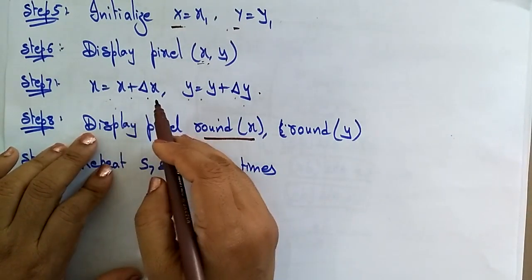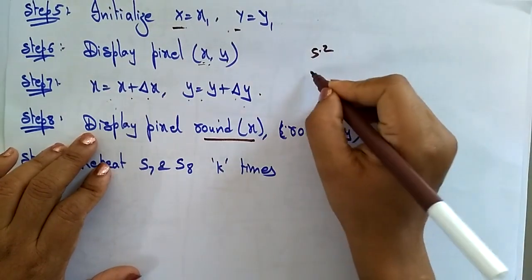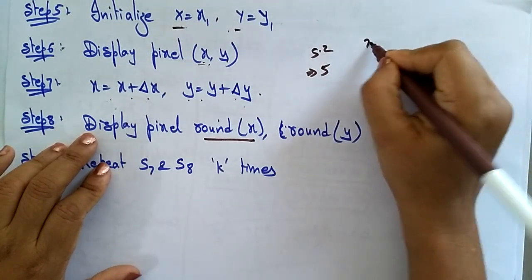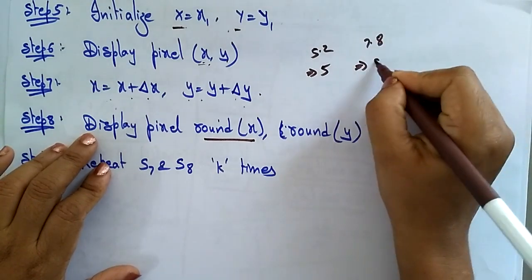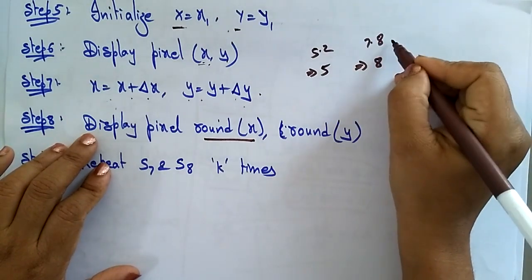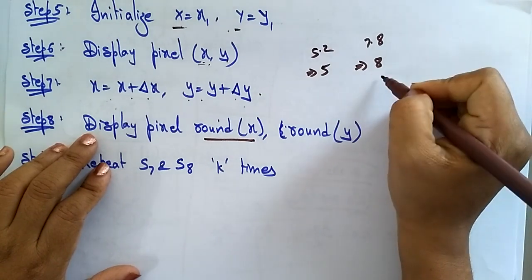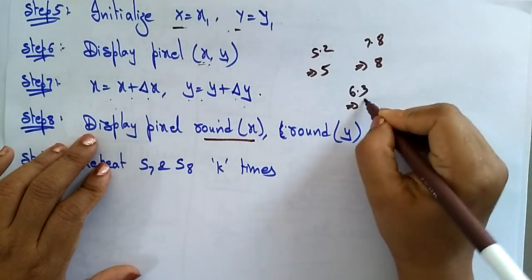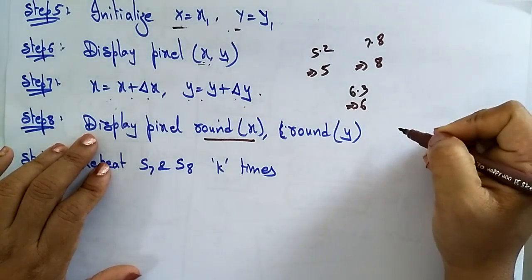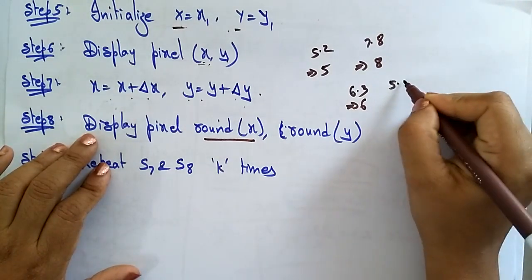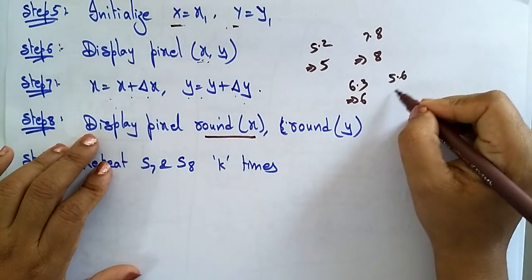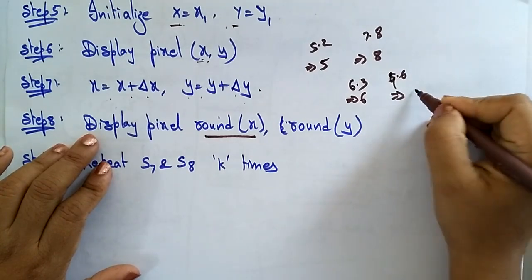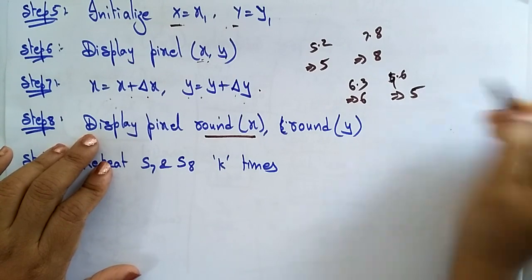Round off the x value: suppose 5.2 is there, you round it off to 5. Suppose 7.8 is there, you make it 8, because above .5 you take the next number. Suppose 6.3, you write only 6. And 4.6, you take as 5.